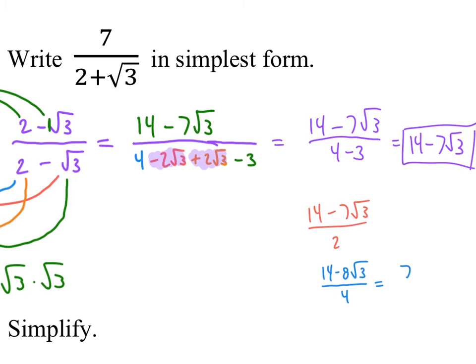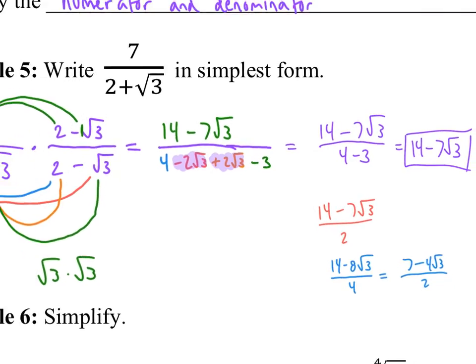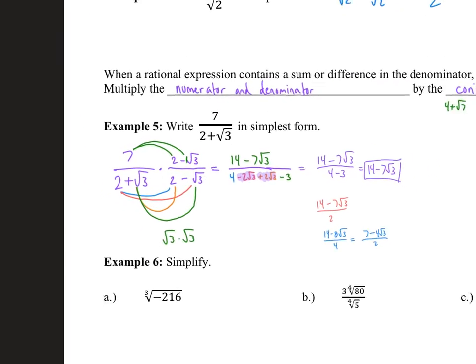So that would be equal to 7 minus 4 radical 3 over 2. So it's not reducible when these don't all share a factor, and reducible when these all do share a factor. And here this just became a 1, so I just ignored it since everything is divisible by 1. So that's rationalizing a more complex denominator.